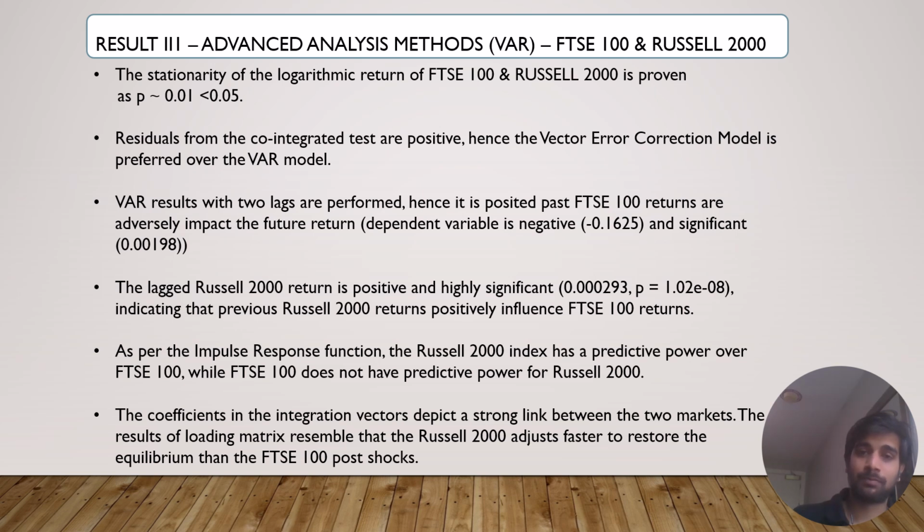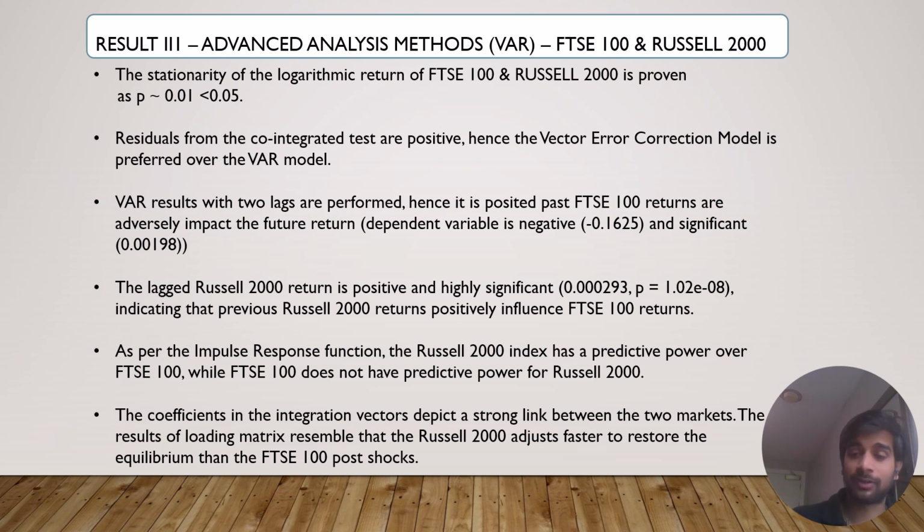The data of the FTSE100 and the RUSSELL2000 are both stationary, and the result from the co-integration test is positive, so it's better to use the vector error correction model over the vector autoregression model.